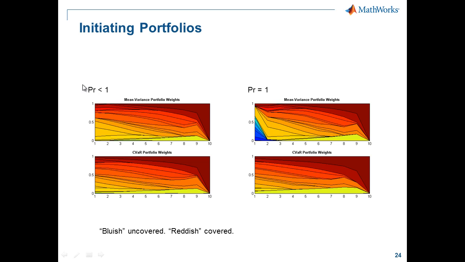And so if the exercise probability is less than 1, meaning early exercise occurs with a probability of less than 1 during the investment period, you essentially get covered portfolios from both mean variance and CVaR. If the exercise probability is 1, the mean variance optimizer comes up with some uncovered positions at the bottom end of the efficient frontier, which is the low risk end. But CVaR also gives you essentially fully covered portfolios.